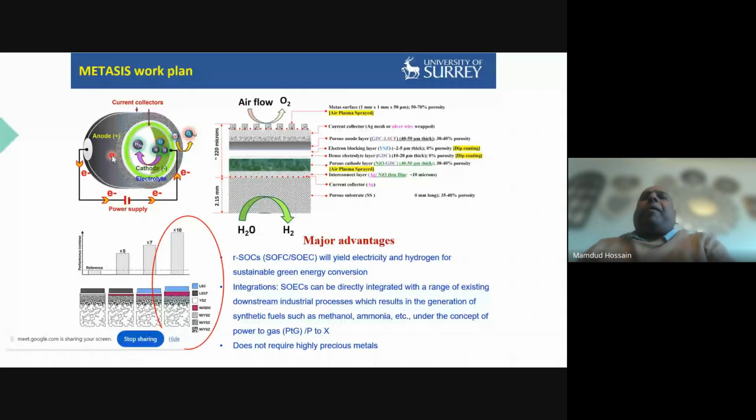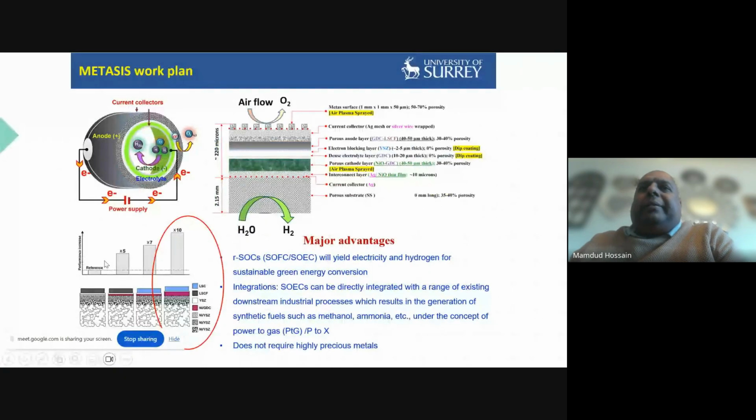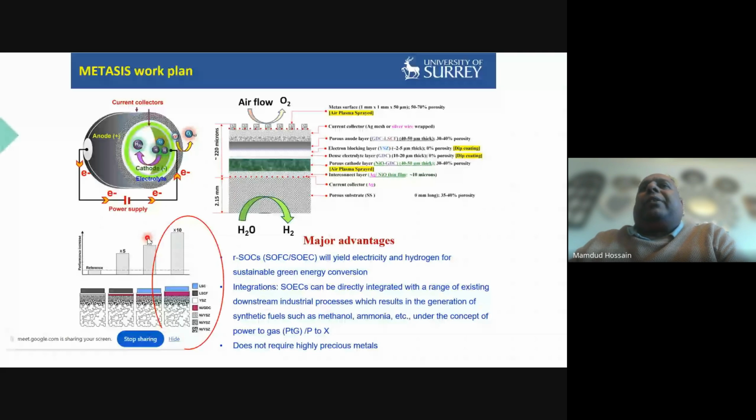Is that clear? So, in that system, we have developed our own expertise to add a structure. So, what structure do we put in? We put in a tube as a support, because previously when we have a cathode electrolyte anode system, you have to make the anode thicker or the cathode thicker to support the whole structure.